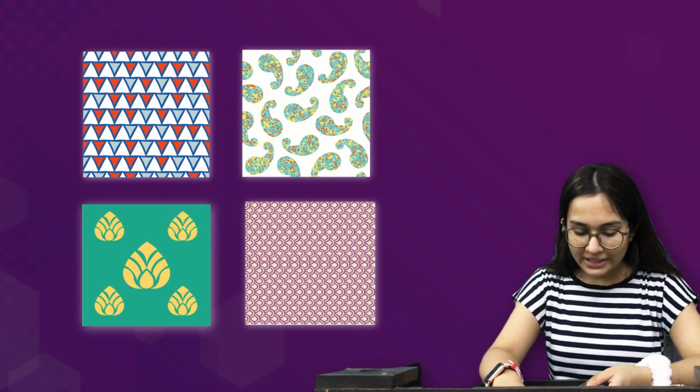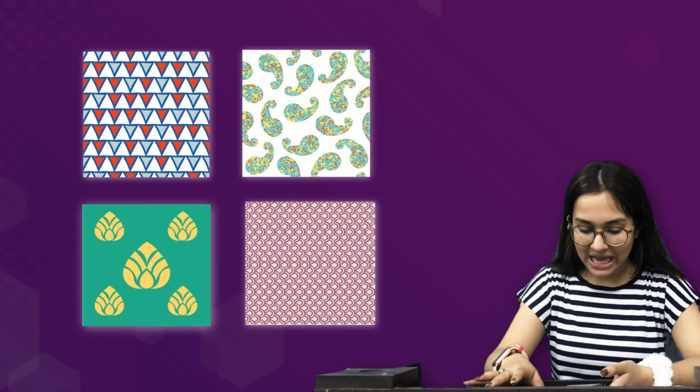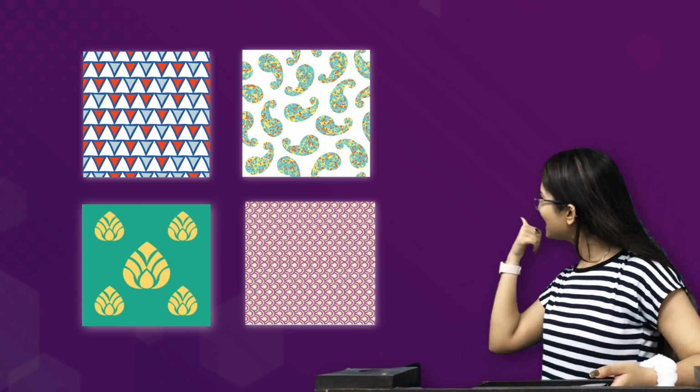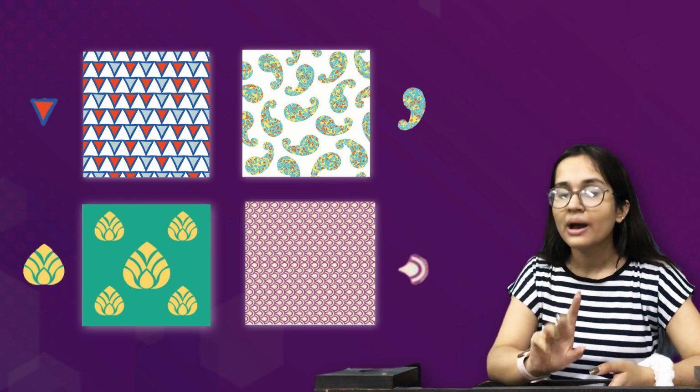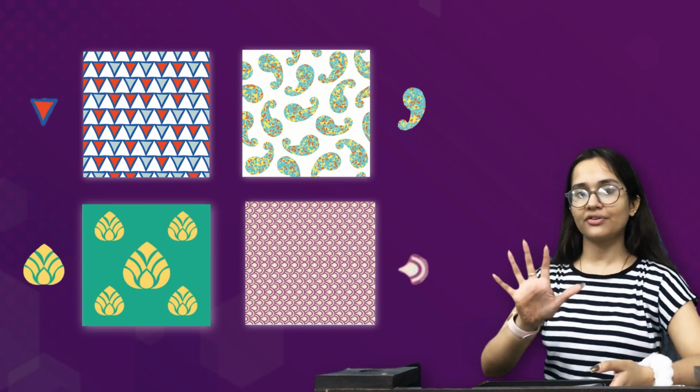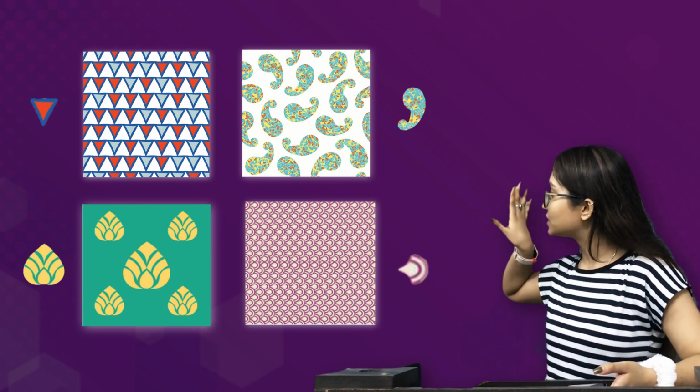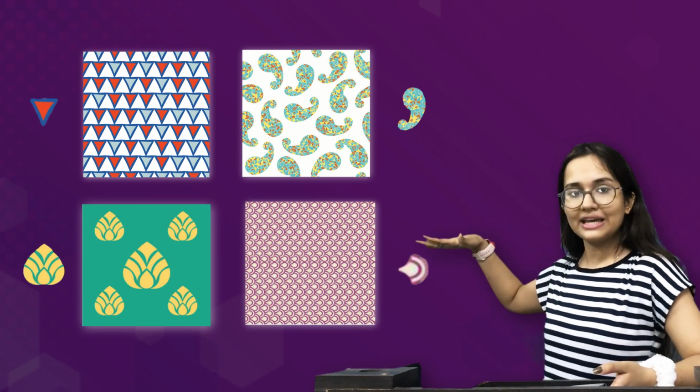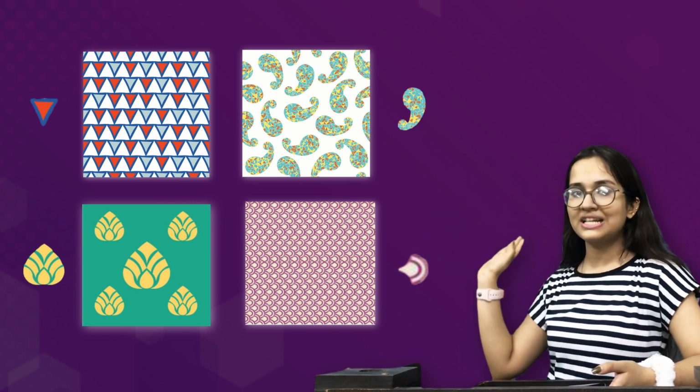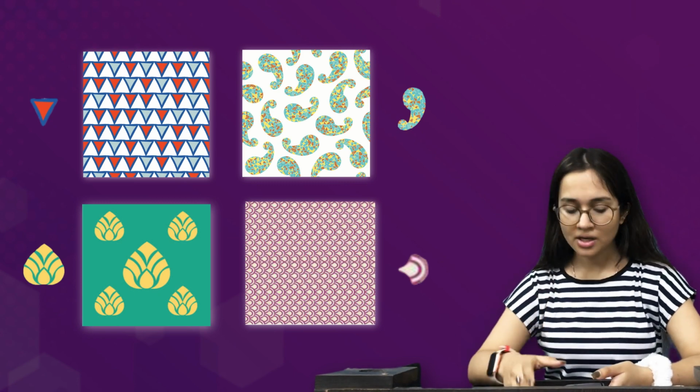So now we need to see that these designs have been made using the block in different ways. When we look at the designs carefully, we can see that all the designs are made by using one single block but using that block in different ways. Suppose I'm using a block which is straight and I'm tilting it towards right or I'm tilting it towards left, that's the change in the shape of it, but the block remains constant.